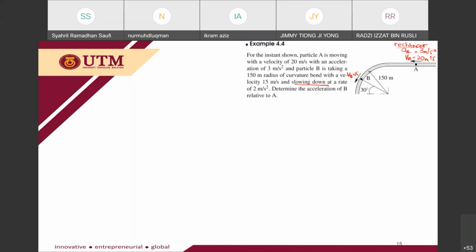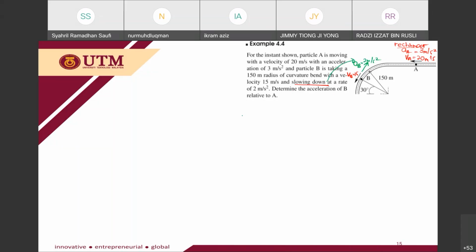So this is your VB, so your acceleration AB should be in the opposite direction to VB. This is your AB, which is 2 meter per second squared, due to the slowing down.